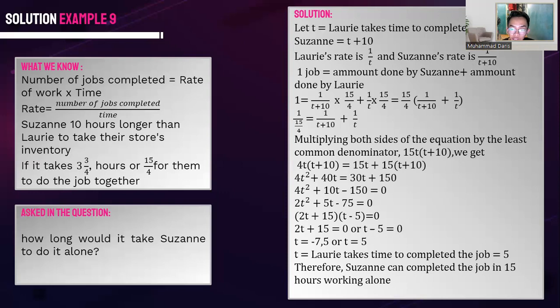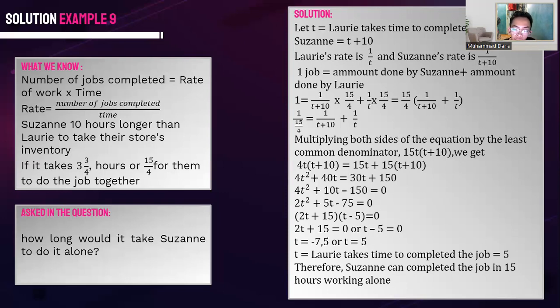Lowry's time to complete the job is 5, because minus 7.5 cannot be substituted into that equation, because time cannot be negative.